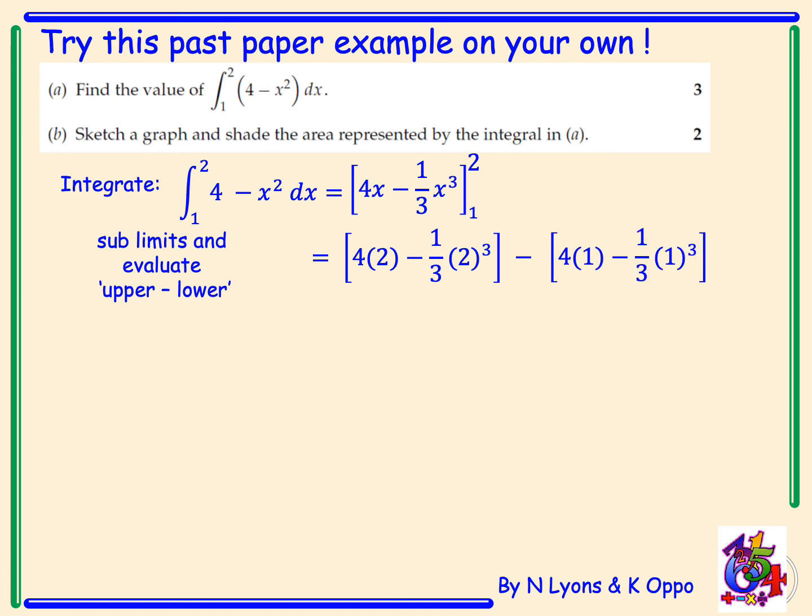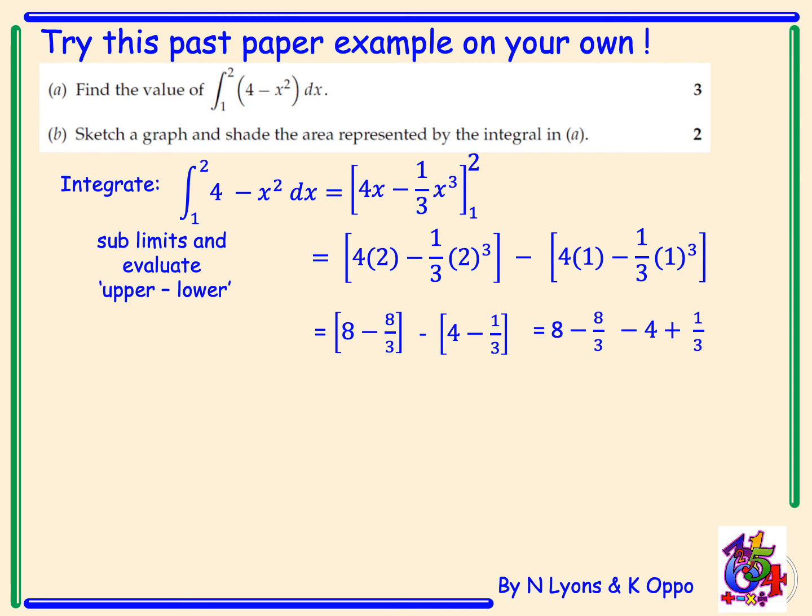Subtract 4 times 1 minus 1/3 multiplied by 1 cubed. Simplifying the first bracket, we will have 8 subtract 8 over 3. The second bracket will be 4 subtract 1 over 3. And removing the brackets will give 8 minus 8 over 3 minus 4 plus 1 over 3.